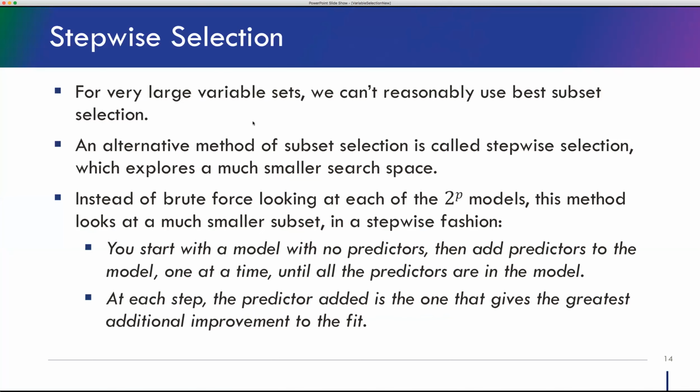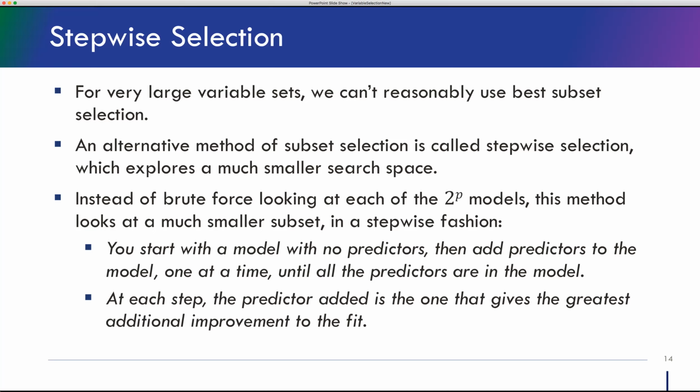So when we have a very large number of variables, we cannot really use best subset selection. As you can already tell, we have too many models to compare if p is large.